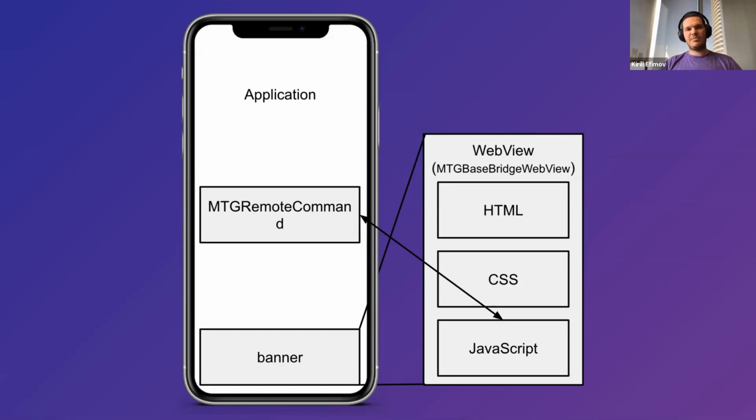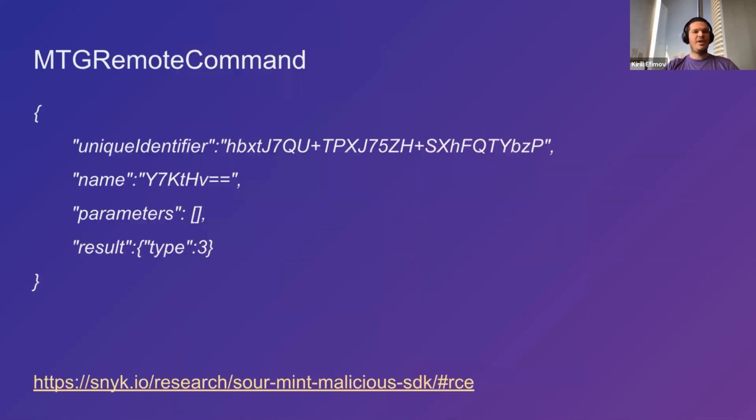So we found that MTGRemoteCommand from the previous slide, from the diff analysis, is used inside what's called MTGBaseBridgeWebView. It is the base web view used all over the SDK for almost all types of ads. You can imagine if a banner is an HTML page, both Mintegral and the advertiser can control the banner payload, the JavaScript.